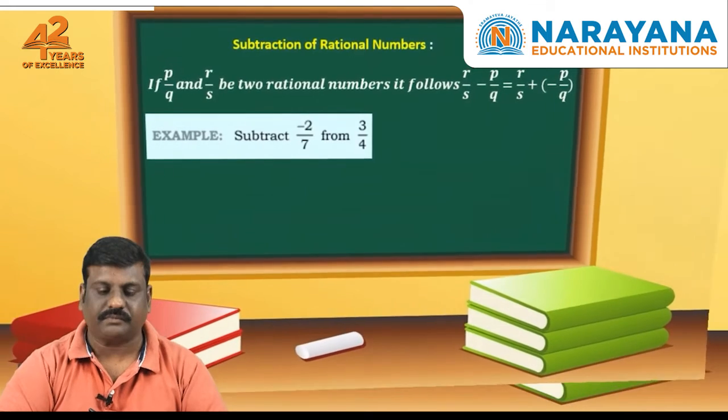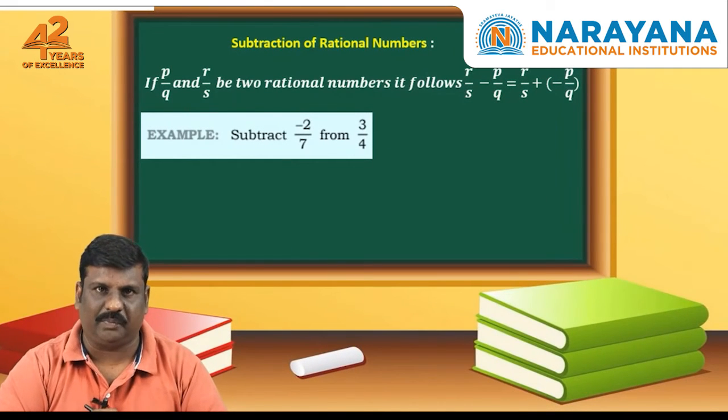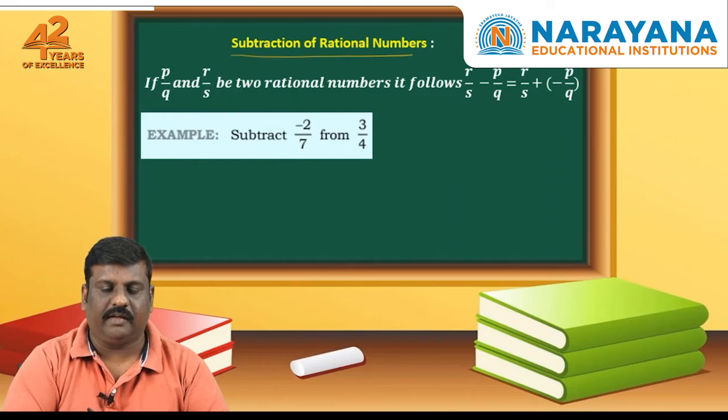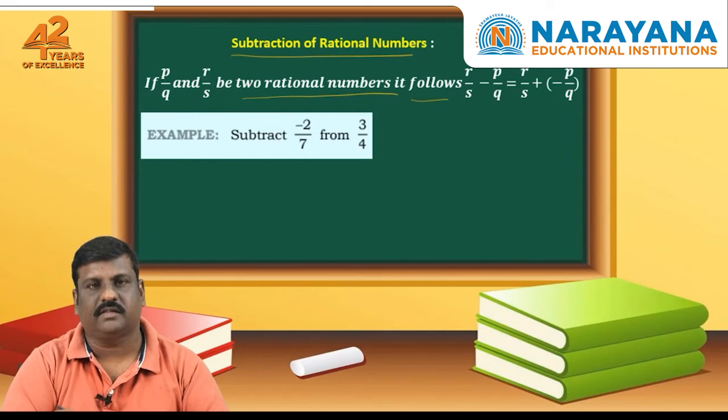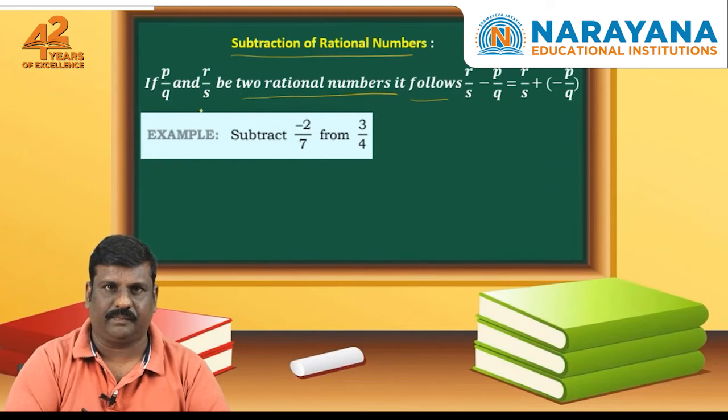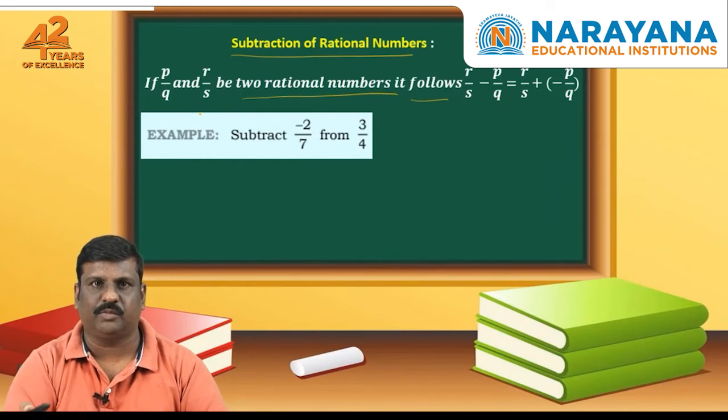And next, subtraction. The second operation is subtraction of rational numbers. Subtraction of rational numbers means, if P by Q and R by S are the 2 rational numbers, it follows as R by S. That means the given is subtract P by Q from R by S. We know that 'from' means the second term should be written as the first.